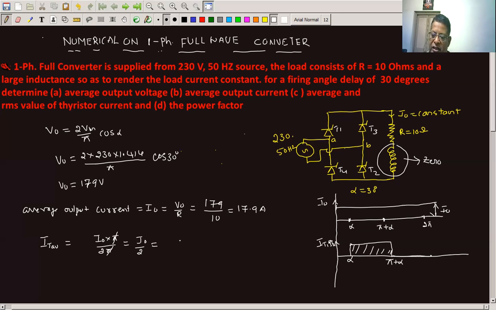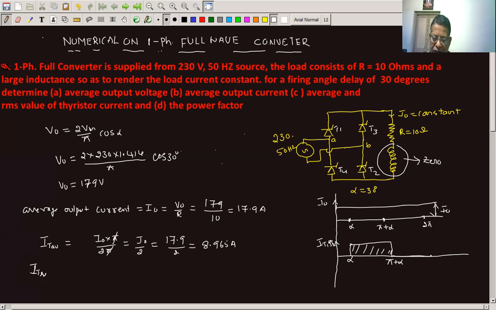The average thyristor current becomes 17.9 divided by 2. We are getting 8.965 amperes.